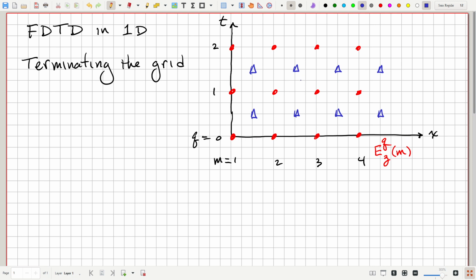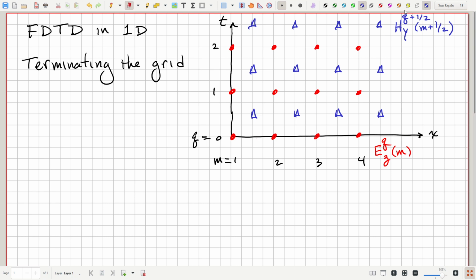And let's even go one more here. So these are the HY at Q plus 1/2, M plus 1/2. And even though we suppress that plus 1/2 when we actually program it, just to follow the requirement that the indices of an array in a computer programming language have to be integers, still conceptually this is what's going on.